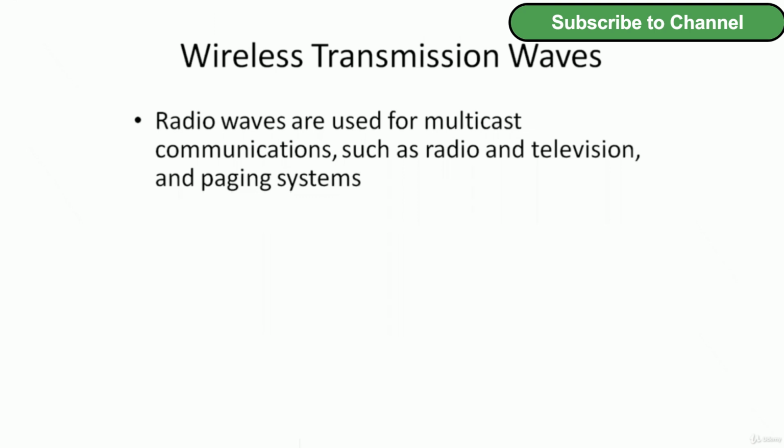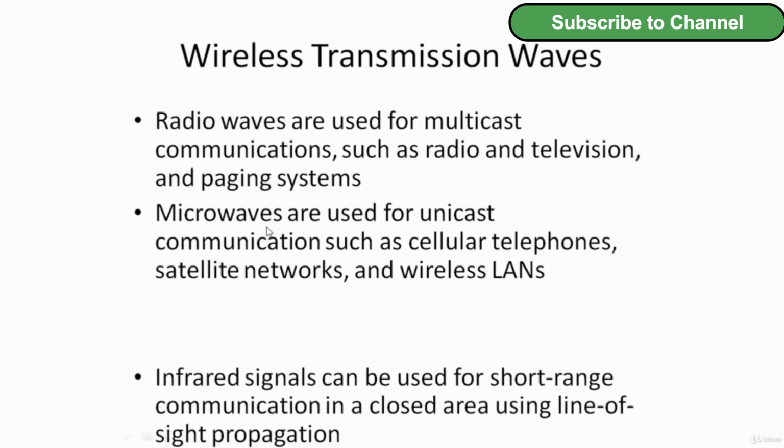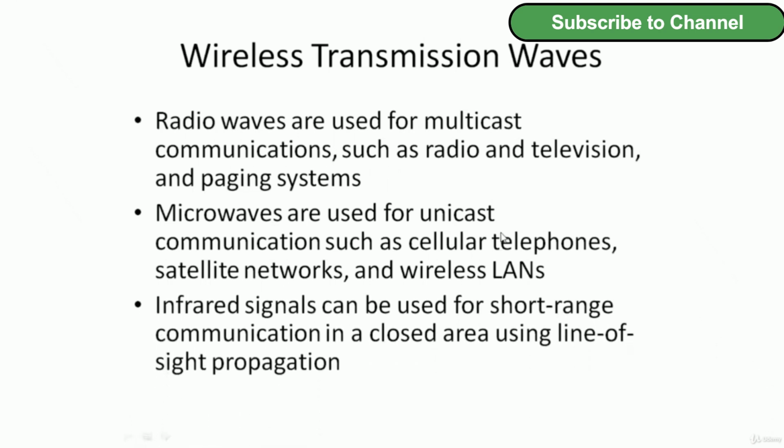Radio waves are used for multicast communication, such as radio, television and paging systems. Multicast means one to many communication. Then microwaves are used in unicast, one-to-one communication, such as cellular telephones, satellite networks, and wireless LANs.